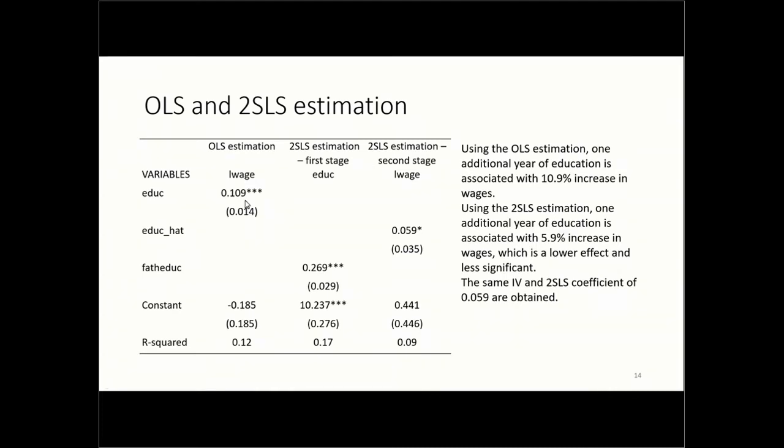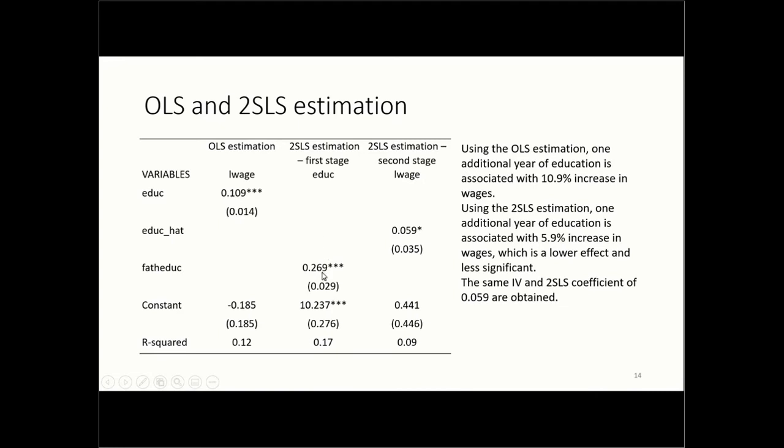Now, using the two-stage least squares, the first stage is regressing education, which is our endogenous variable here. Now the endogenous variable serves as the dependent variable. And we regress that on the instrument here, which is father's education, and we are obtaining a coefficient here. So notice that again, we have a significant relationship between father's education and education.